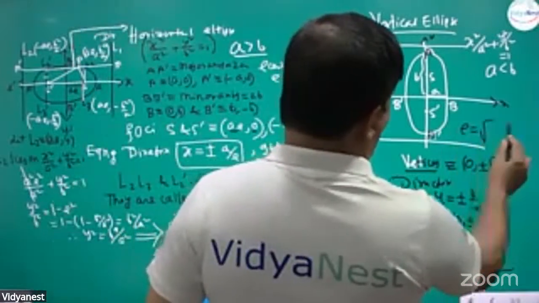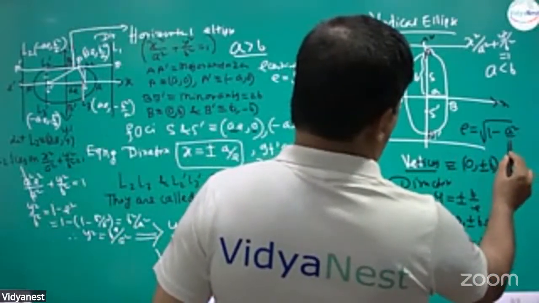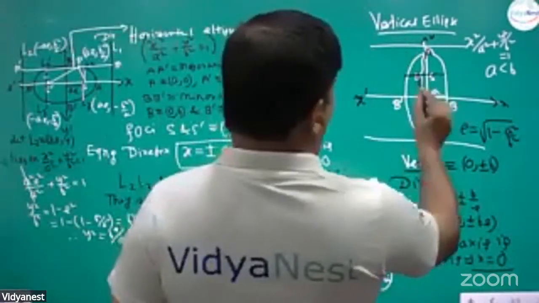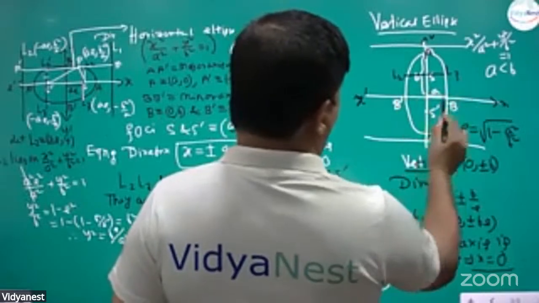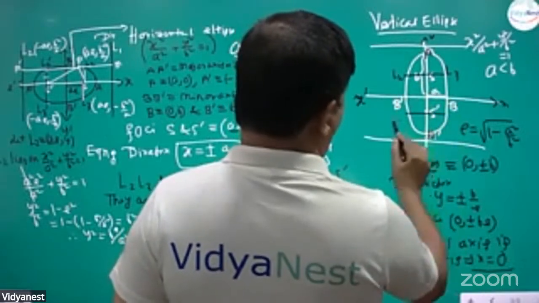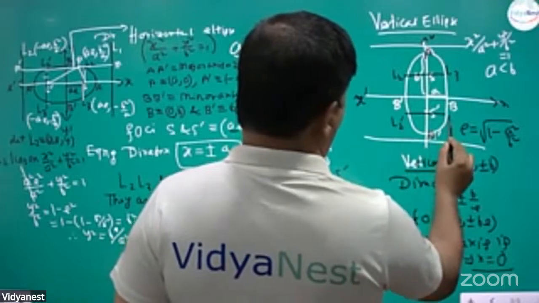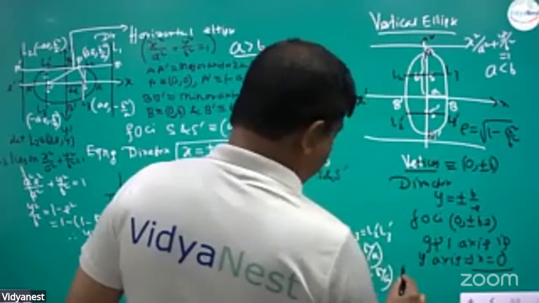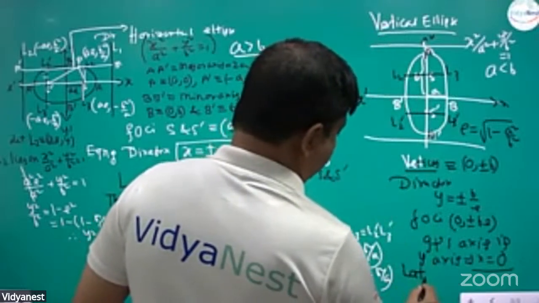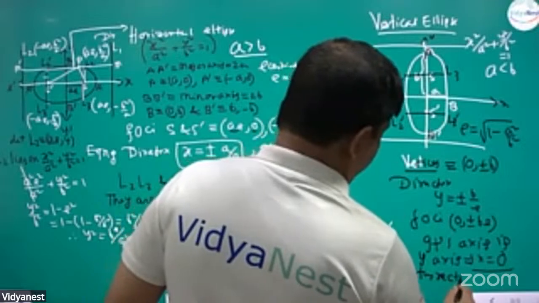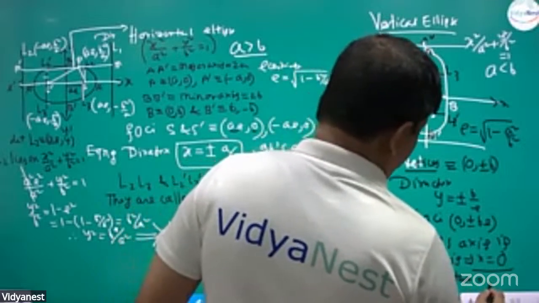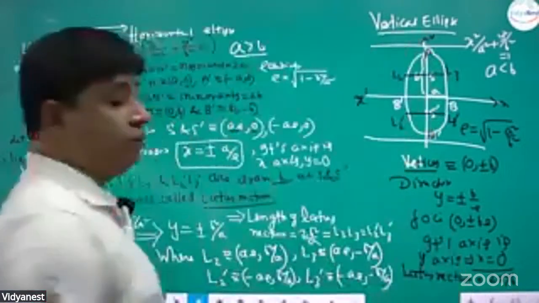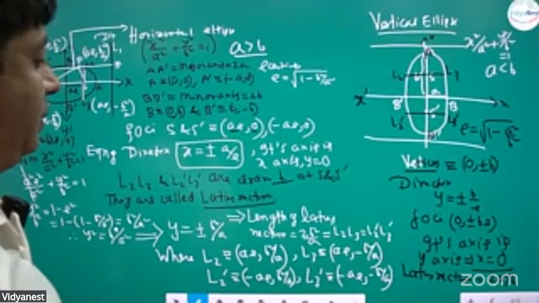In this case, just reverse it to 1 minus a square by b square. Here, the latus rectum is 2a square by b.